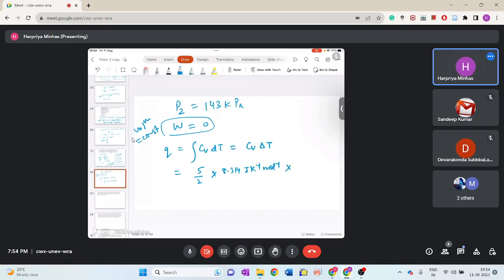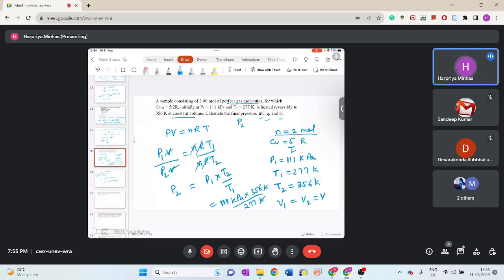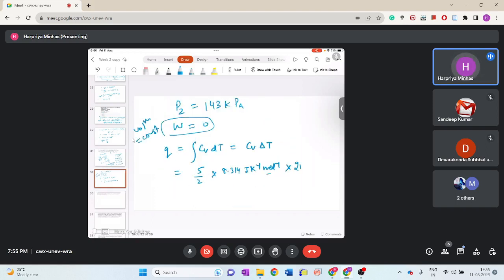And how many moles are we having? 2 moles in the equation. So I'm writing 2 moles into the temperature difference. So what is the T2? 356, right?